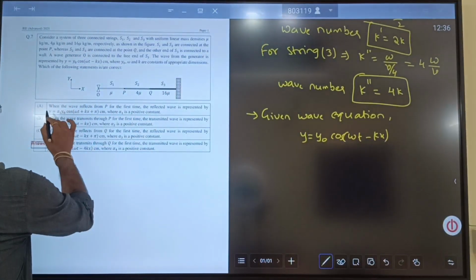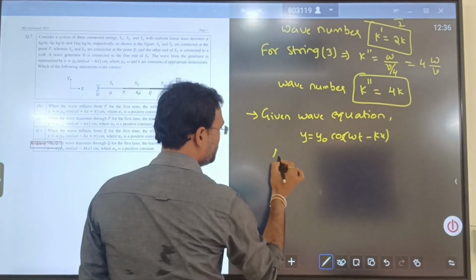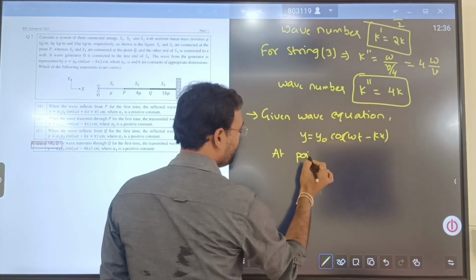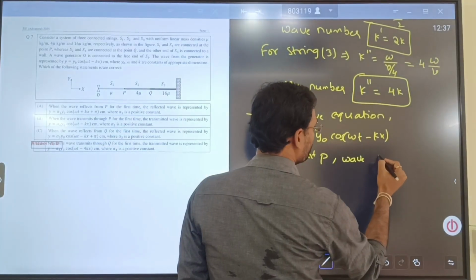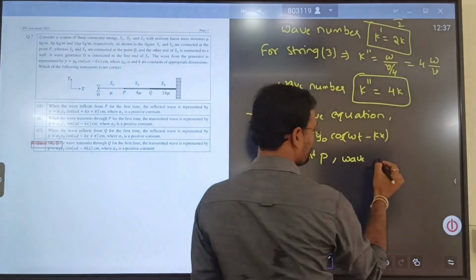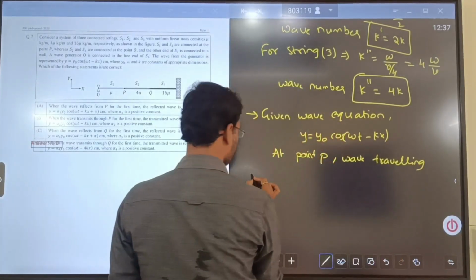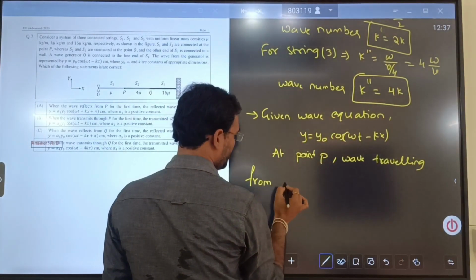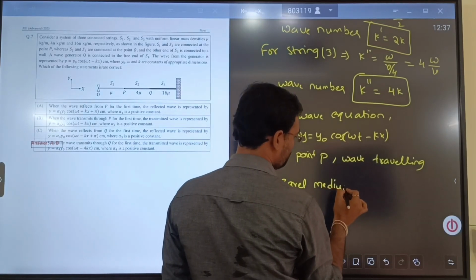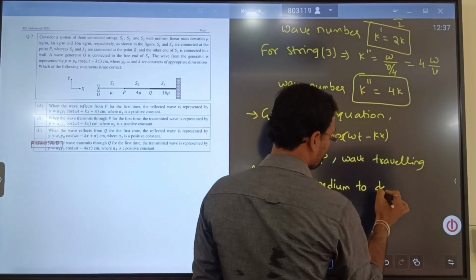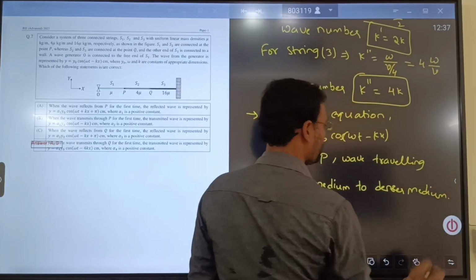When the wave reflects from point P, the wave is traveling from a rarer medium to a denser medium, right beta?